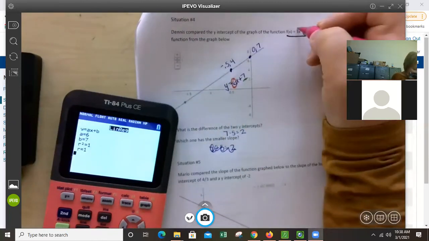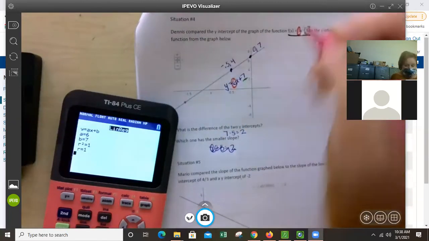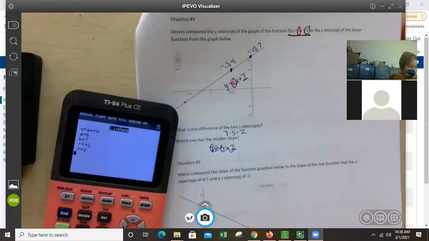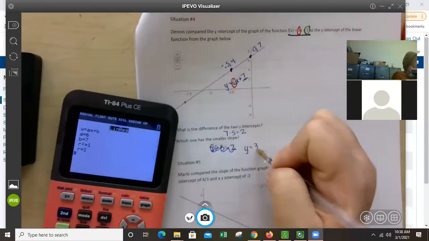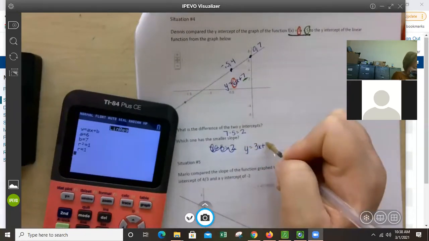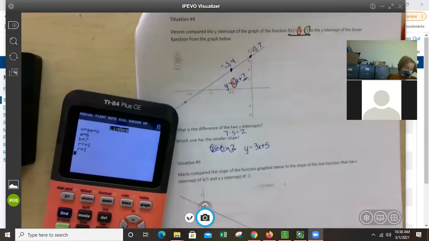And then we have 3. So which one has the smallest slope? Which equation? The first one, which is y equals 3x plus 5. Okay, so y equals 3x plus 5. Any questions about that?